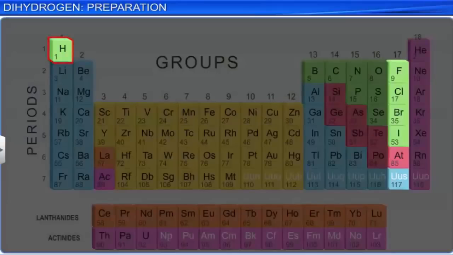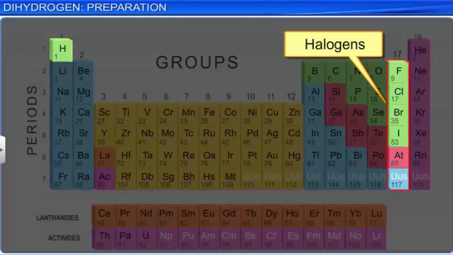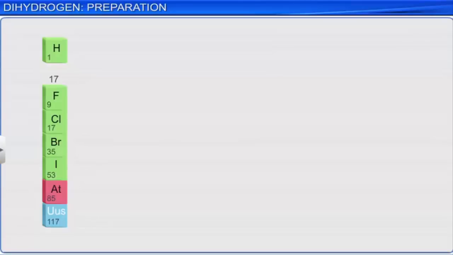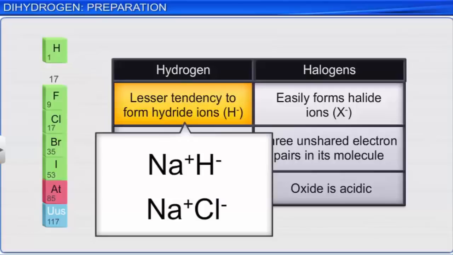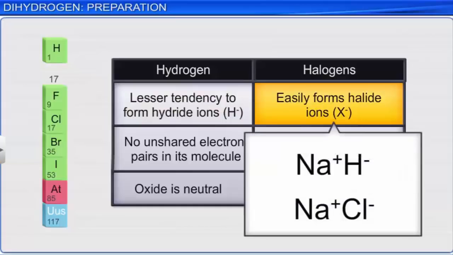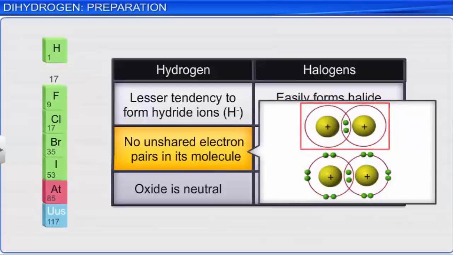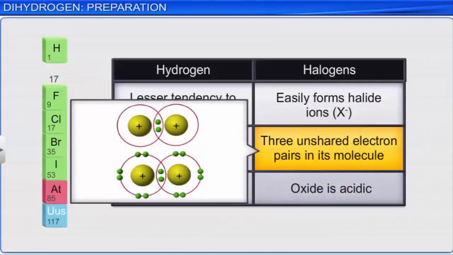In spite of several similarities with halogens, hydrogen also exhibits behavior that makes it different from the halogens. For example, unlike halogens, hydrogen has less tendency to take up an electron to form a hydride ion, whereas halogens form halide ions very easily. In a hydrogen molecule, atoms do not possess any unshared electron pairs, whereas in halogen molecules, every atom has 3 pairs of unshared electrons.